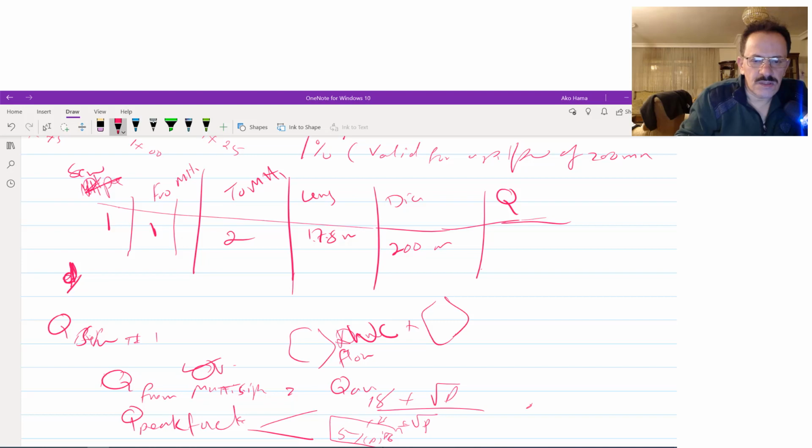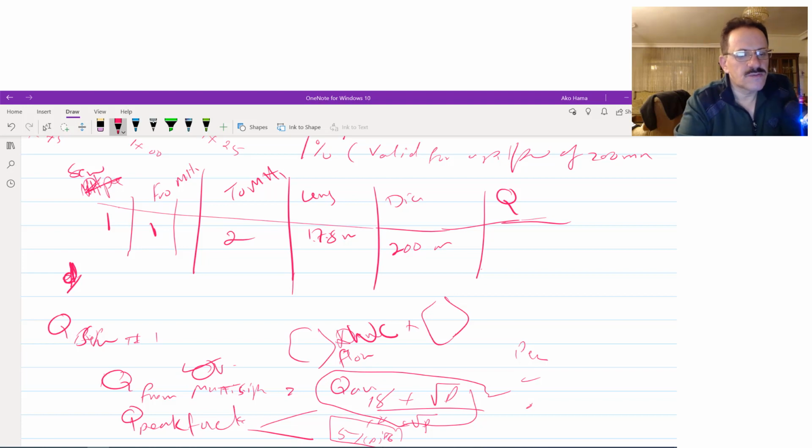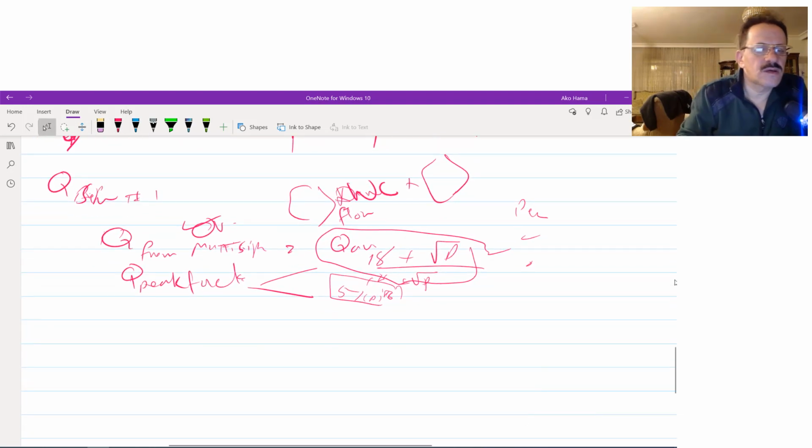Whichever one of them gives you the maximum, you will take it as the peak factor. Now this is for the demand, the flow from the municipal.